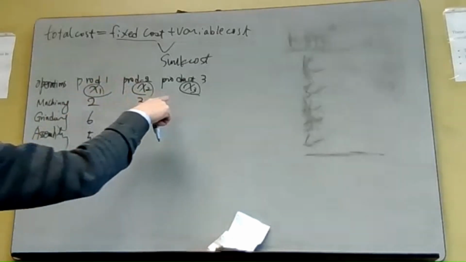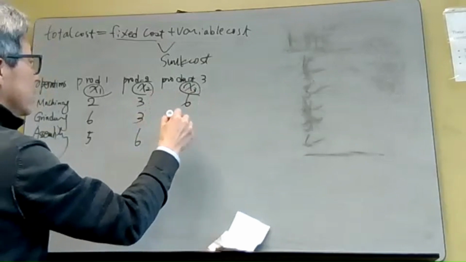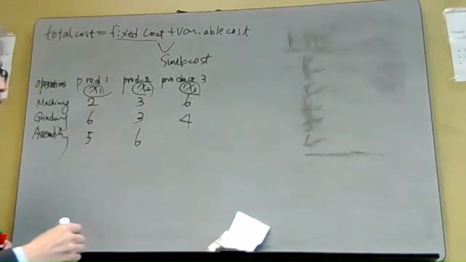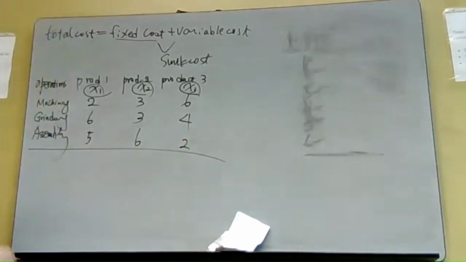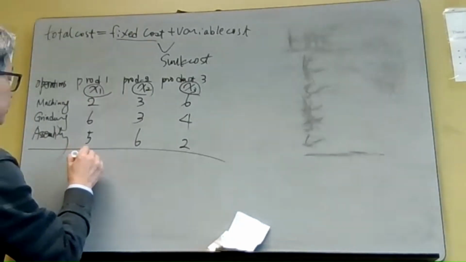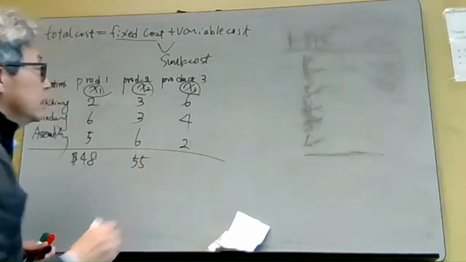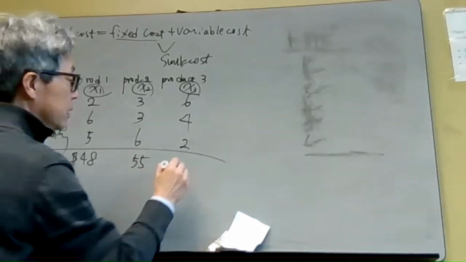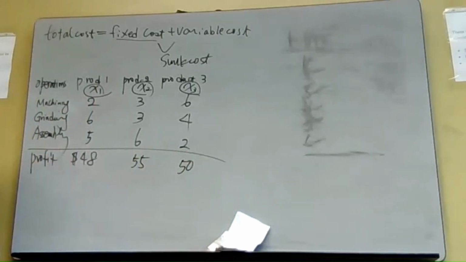And to produce product X3, you will need 6 machining hours, 4 grinding hours, and 2 assembly hours. If you produce, you will be able to sell in the market. Product 1, X1, will be $48, product 2 will be $55, and product 3 will be sold at $50. That is the profit per unit.